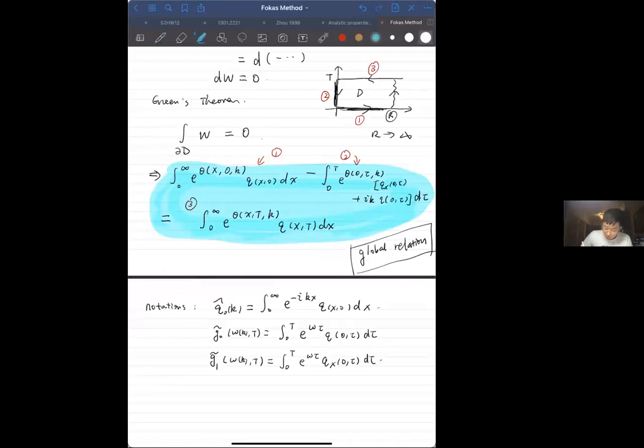Here one needs to be careful, because our initial data doesn't include the first derivative. So this data is unknown.